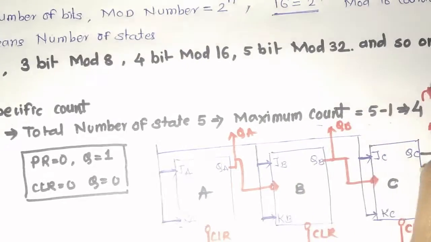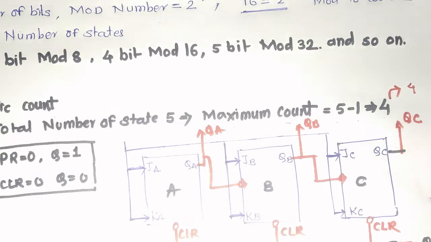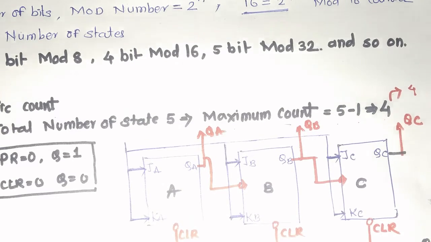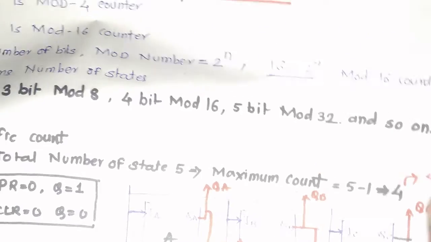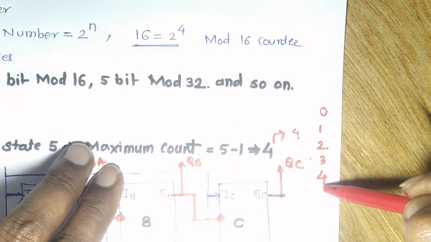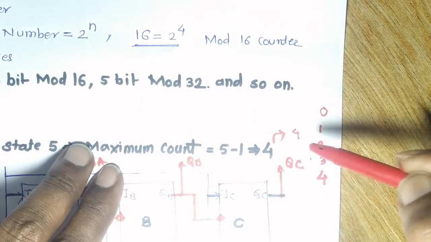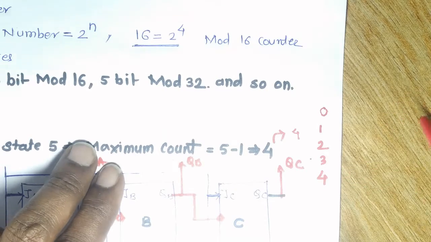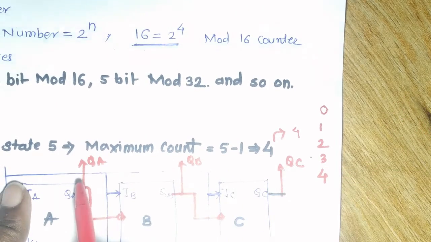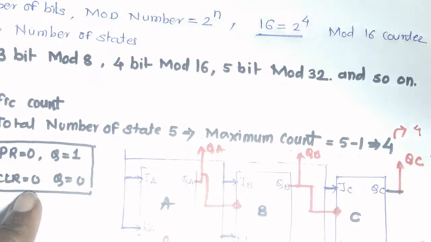So this counter will start from 0, 1, 2, 3 and 4. These are the values counted by this mod 5 counter. The maximum count is equal to 5 minus 1 equal to 4, so the last state of this counter is 4.